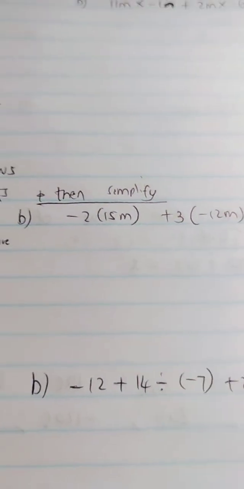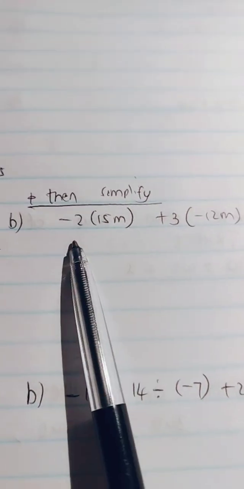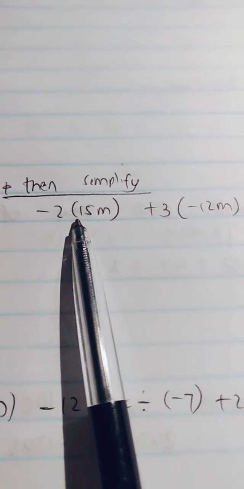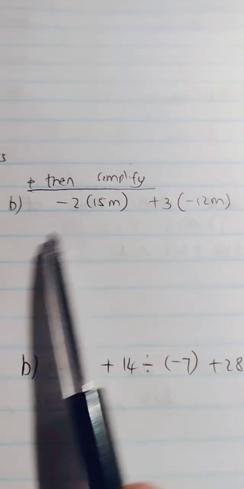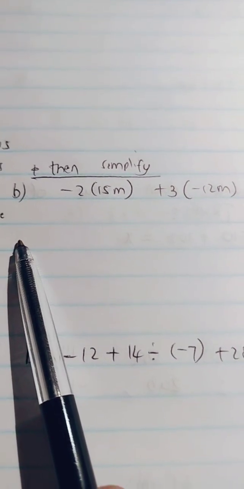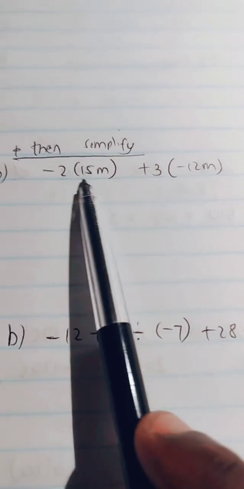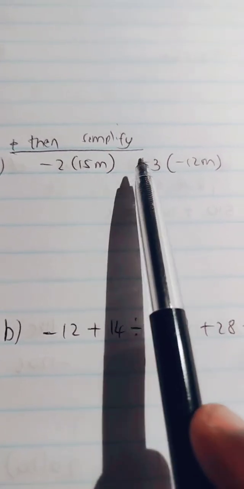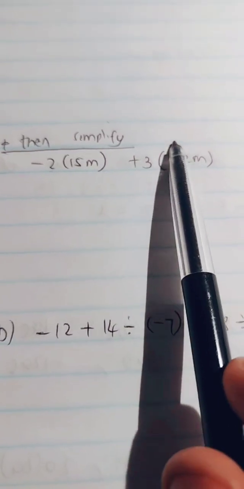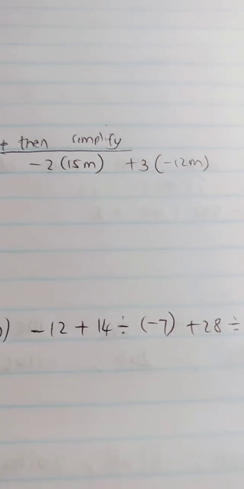Okay, let's move on to this one, guys. Okay, whilst Karabo gathers herself, we'll wait for her to actually answer. Let's look at this expression. We have negative 2, we have brackets, 15m inside the bracket, plus 3, brackets, negative 12m, another bracket.